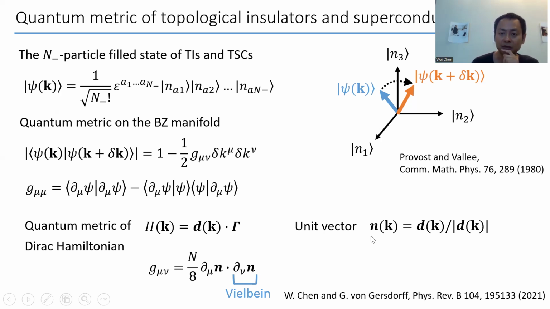Then if you construct a unit vector, that's the D vector divided by its modulus, you can easily show that the quantum metric is actually given by the product of the momentum derivative of these unit vectors with itself. Yeah, so this gives a very nice interpretation of the Vierbein in differential geometry, as I have shown you in the previous video.